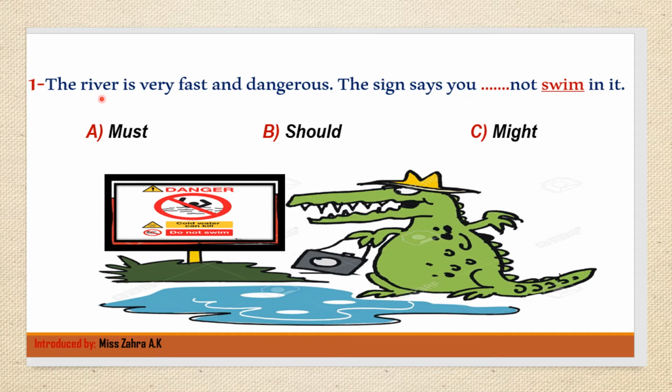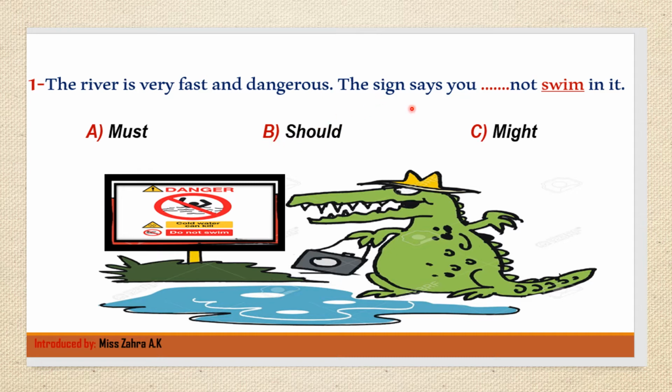فنلاحظ The river is very fast and dangerous. نلاحظ بداية اليوم أريد أحذر الشخص ممكن أعطي مقدمة عن كذا مكان فممكن أقول له النهر جدا سريع وخطر. The sign or the sign العلامة says تقول you نستخدم من الأفضل must يجب or should or might باعتبار راح أنطي نصيحة فنستخدم you.